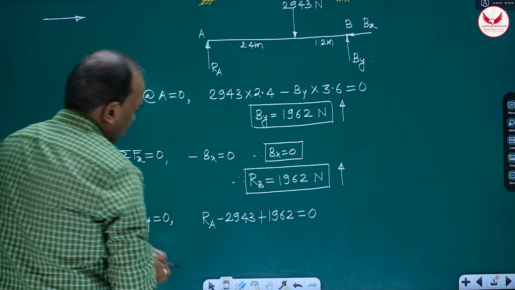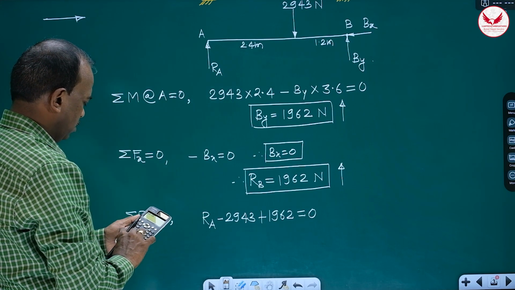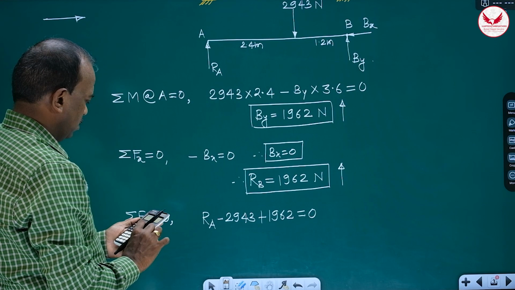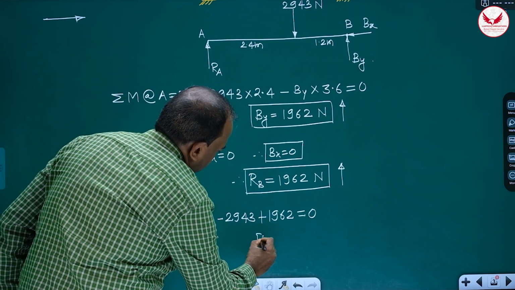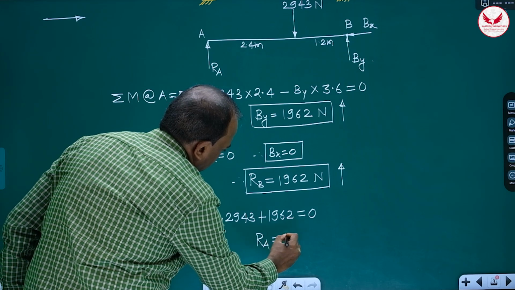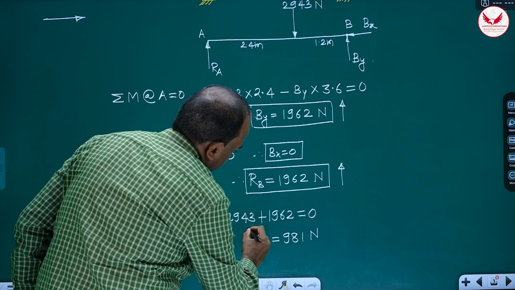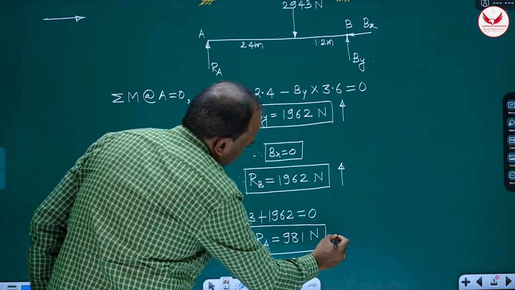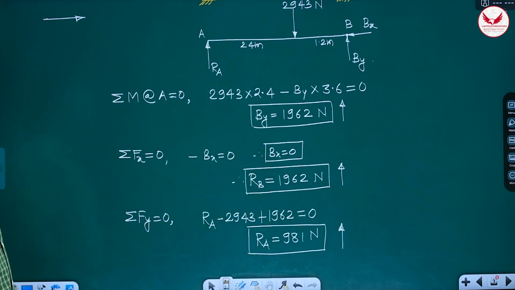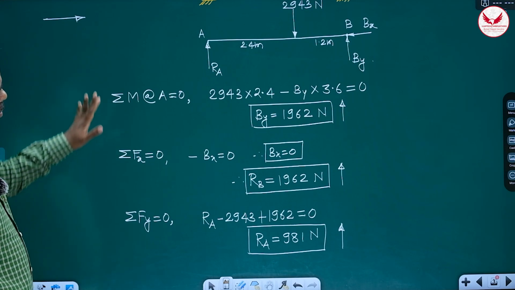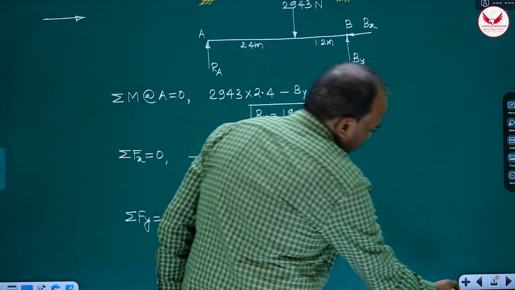So what will we get? Ra is going to be 981 Newton. Finish. See, easily we can get the reaction at A and reaction at B by such a simple way. So again we can have one more example.